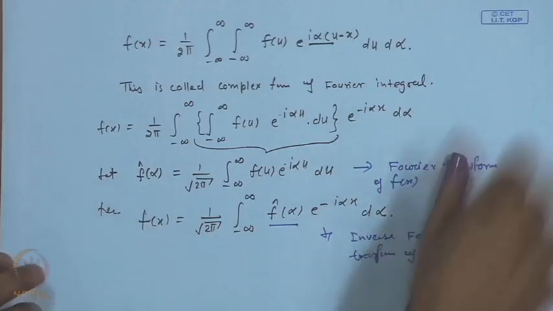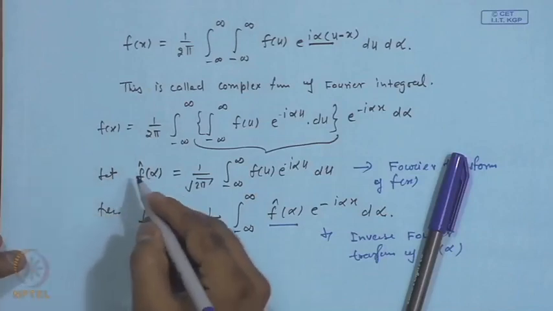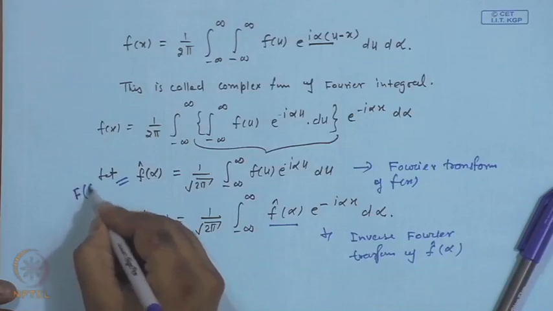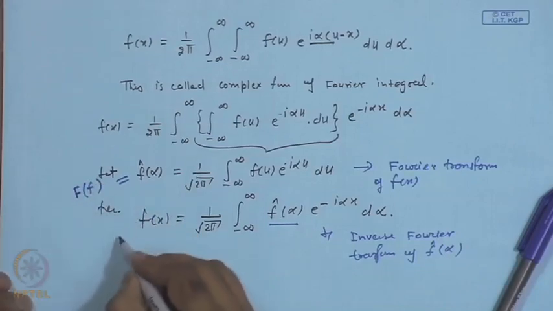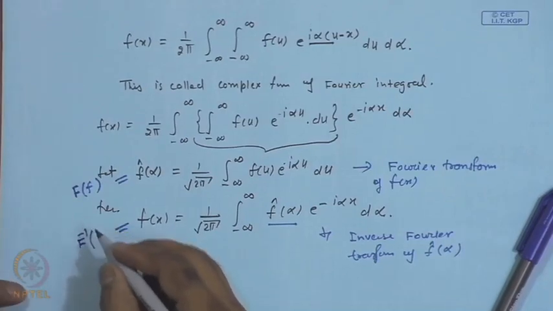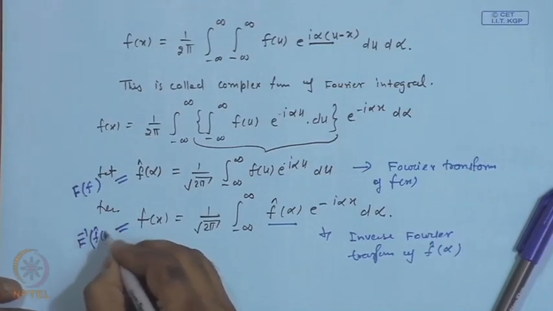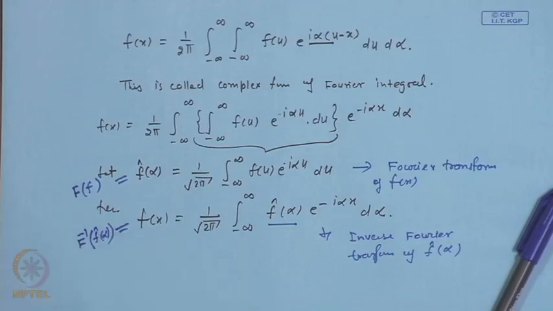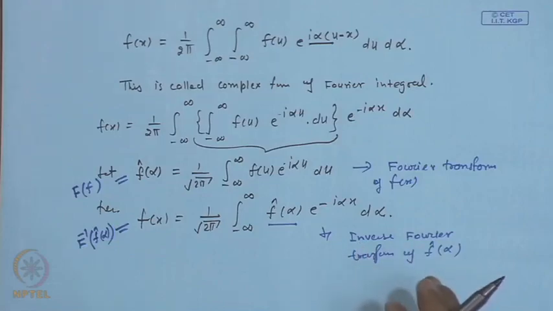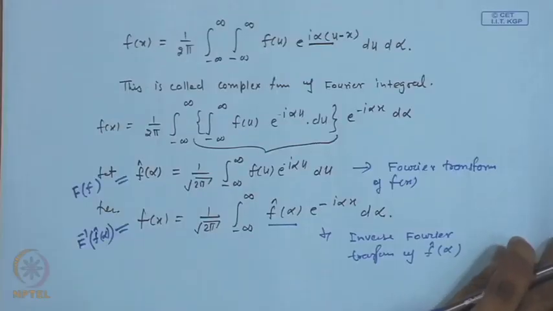As in the case of the sine and cosine transforms, we will denote this as the Fourier transform of f with a big F, and in this case we will say Fourier inverse of f hat(alpha). That is the notation we will be using for the Fourier and inverse Fourier transform. So, now we have introduced the Fourier transform and inverse Fourier transform, and we will go for some important properties of the Fourier transform now.